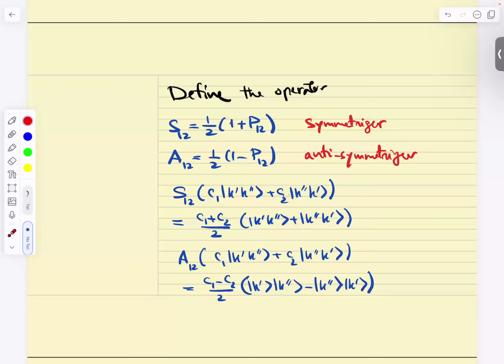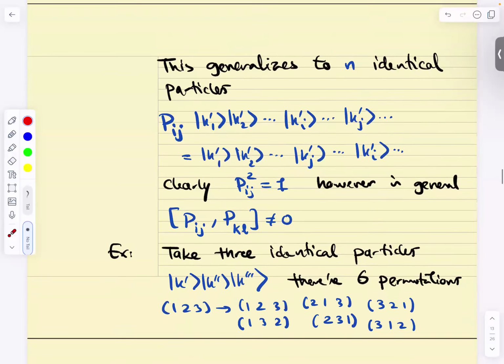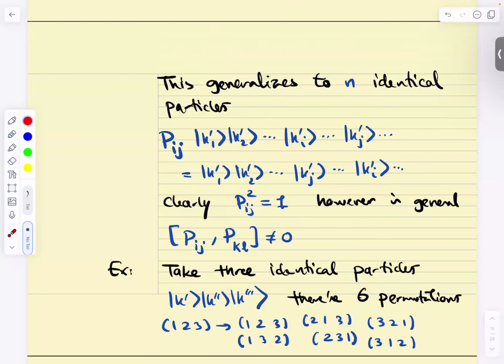Good? Alrighty. This generalizes to multiple particles. If I have n particles, I can talk about Pij that swaps the i and j particle. As usual, if I swap i and j again, I get identity. But notice that swapping ij and swapping kl need not commute.